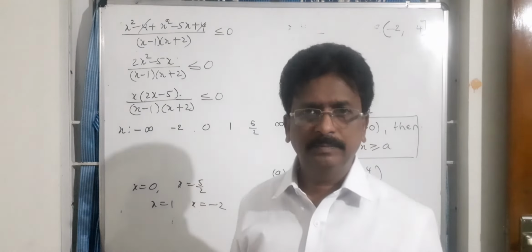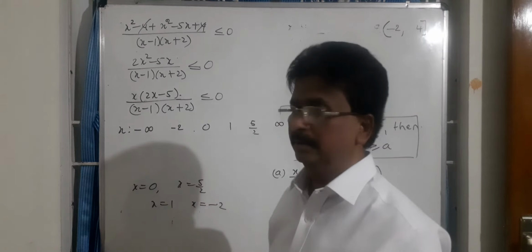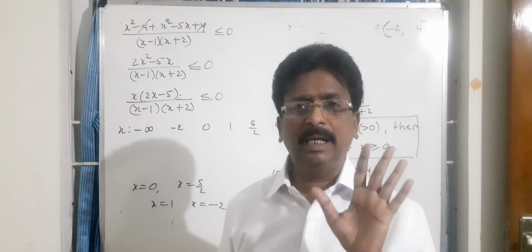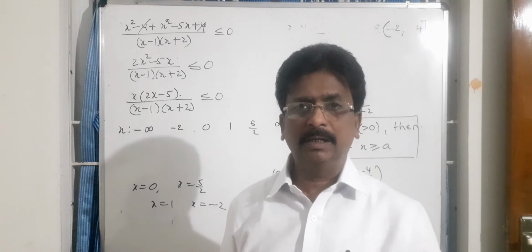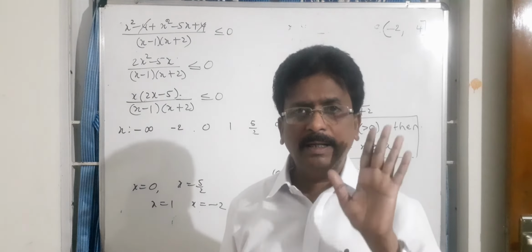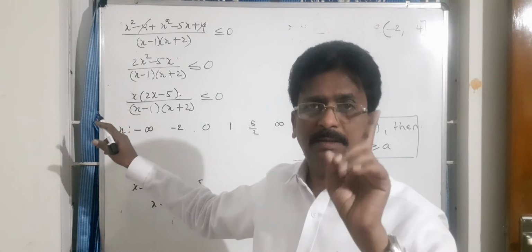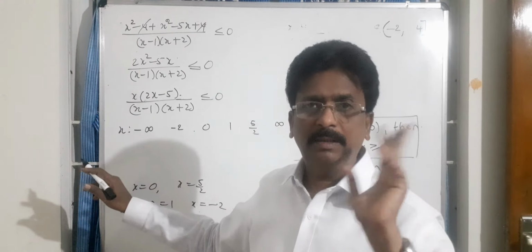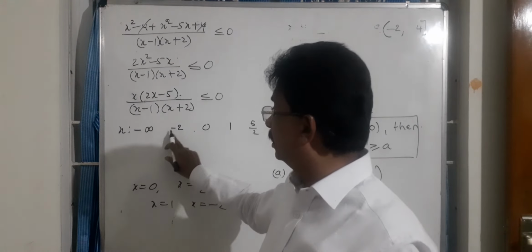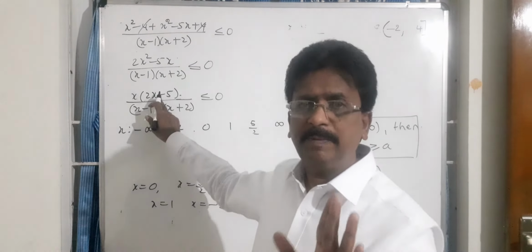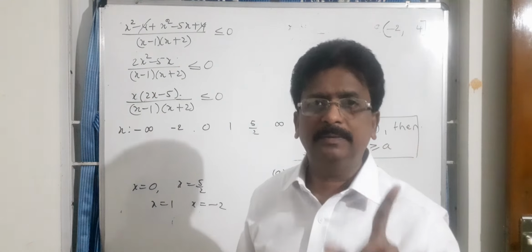This is the first interval. The first interval sign can be decided according to the number of factors. If the number of factors is odd, either 3 or 5 or 7, then in the first interval the expression sign is negative.